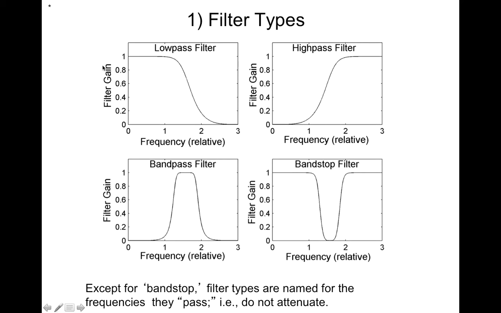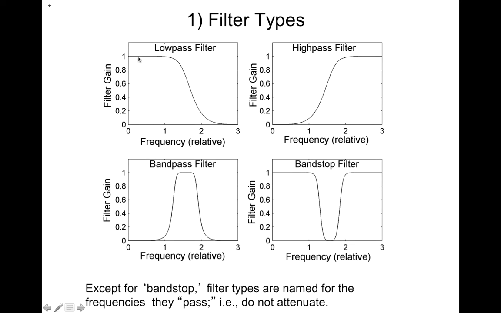So here, the vertical axis is filter gain. A filter gain of 1 would mean that the output voltage of the filter is equal to the voltage that was input to the filter. This frequency is just a relative scale. We won't even call it hertz or anything. We'll just say 1, 2, 3.